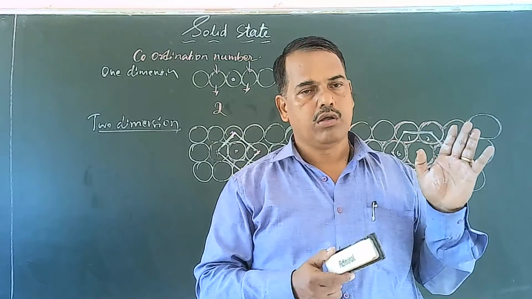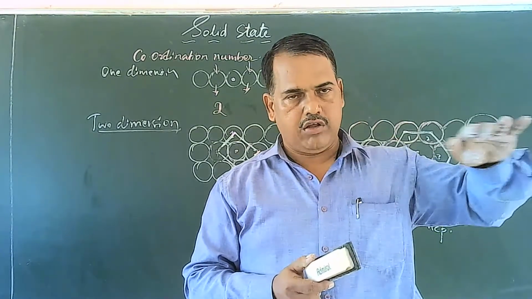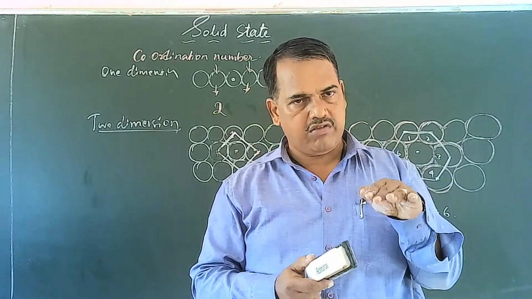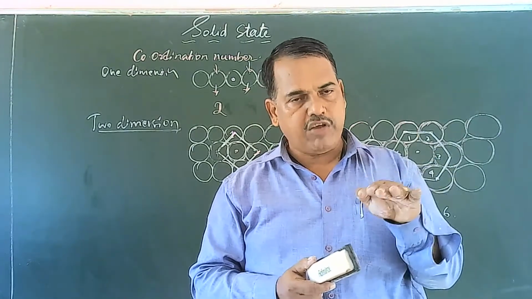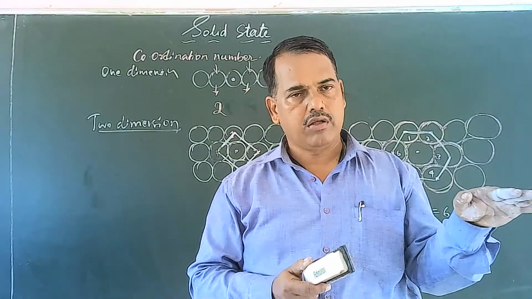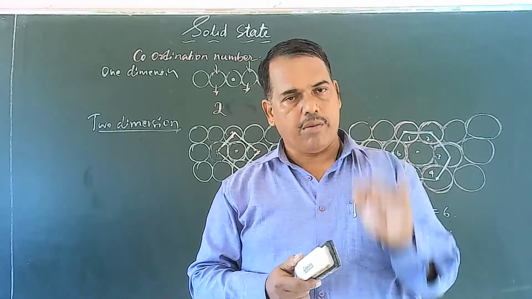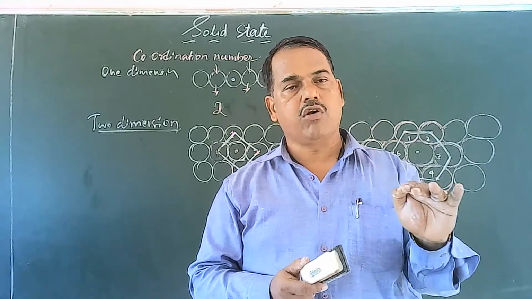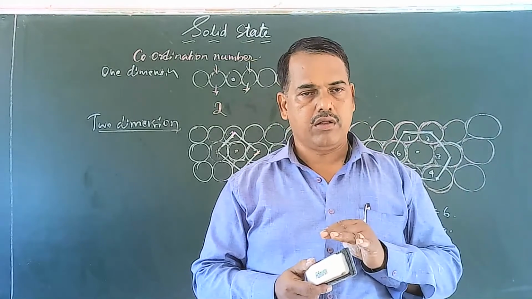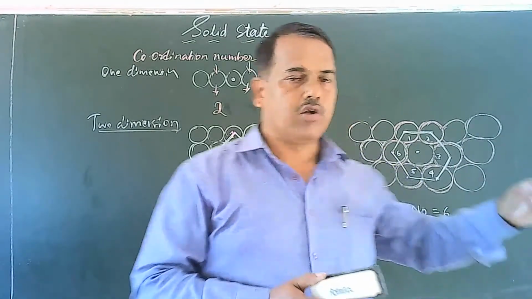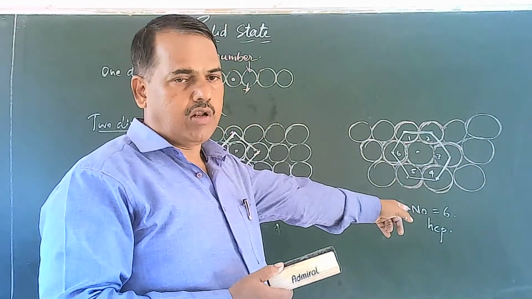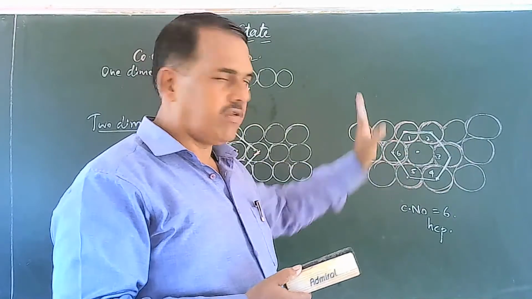If you go for when the second layer is placed in the depressions of the first layer, then the geometry obtained is hexagonal close packing. And for hexagonal close packing, what is the coordination number? Coordination number is 6.